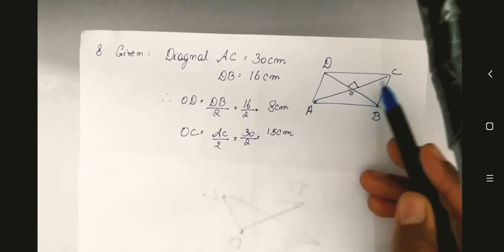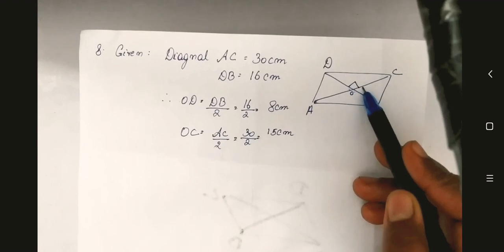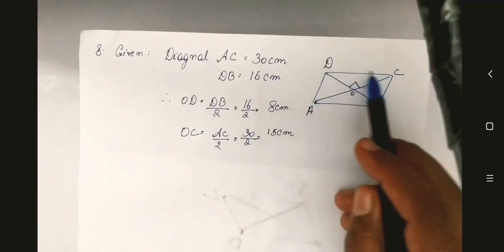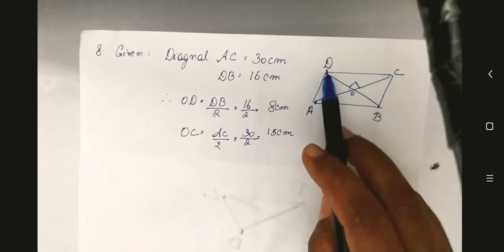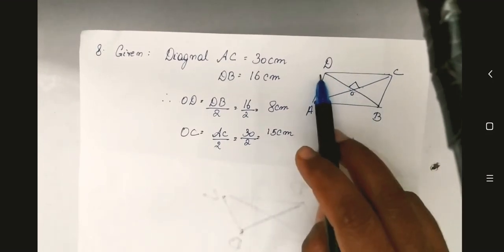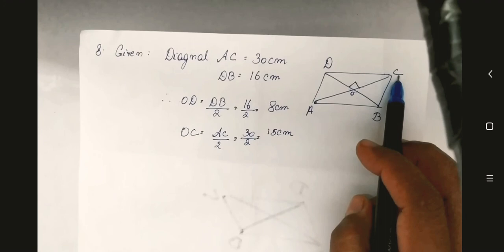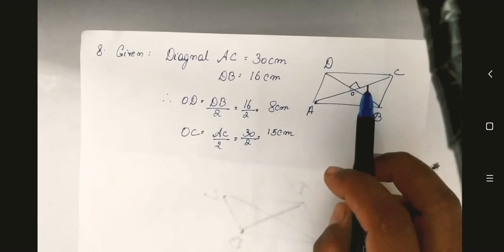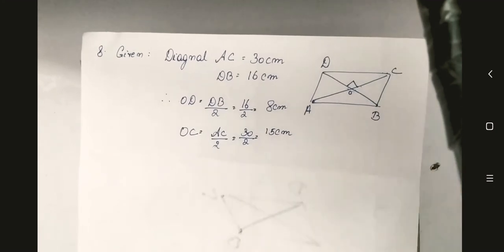So right now, if we consider this, you know the length of OD, you know the length of OC, and you know it is making an angle of 90 degree over here. So you can find the measure of CD. So CD square will be equal to OD square plus OC square, right? So that will give you an answer as CD square is equal to 289.